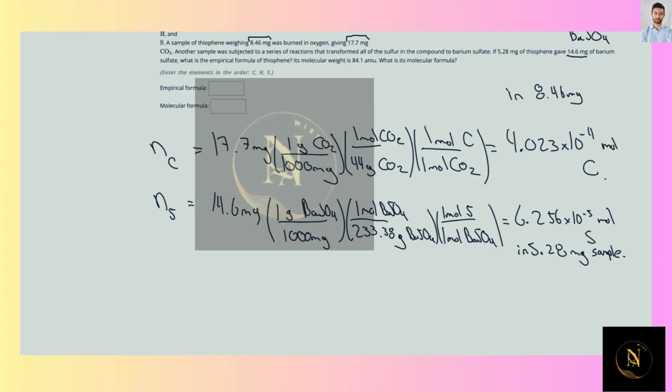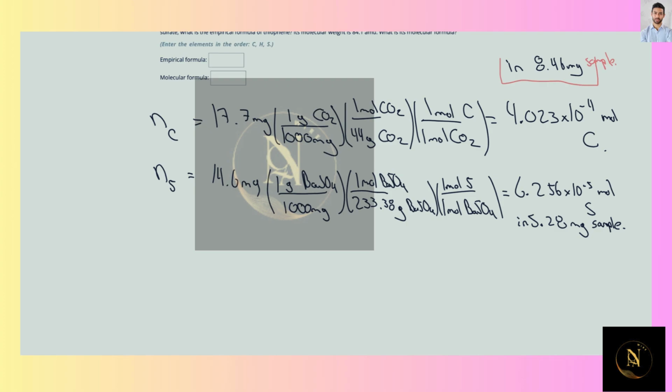So now what we need to do is to scale the quantity of either carbon or of sulfur to what it would be in a sample of the same size. So for example, over here we have a sample of 8.46 milligrams. Down below we have 5.28 milligrams. So in this case, what I'm going to do is to scale the amount of sulfur that would be in an 8.46 milligram sample. We're going to do this directly by employing a rule of 3.